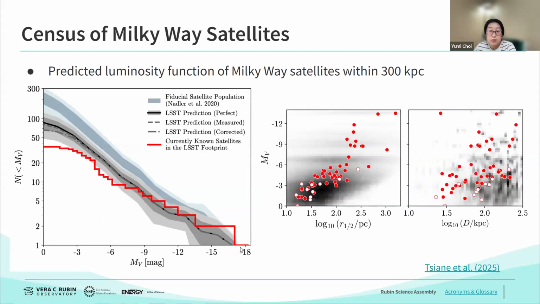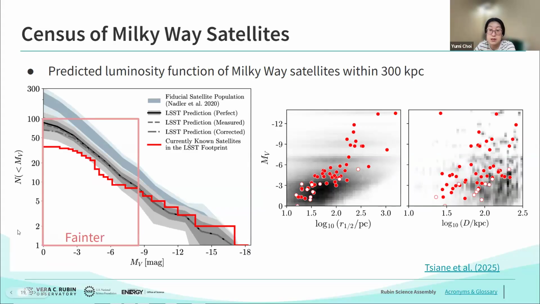And then one can construct a luminosity function from the discovered satellite populations. So the red line in the left panel shows the luminosity function of the currently known satellites within the LSST footprint. And different dark matter models predict different satellite distributions, different luminosity functions.